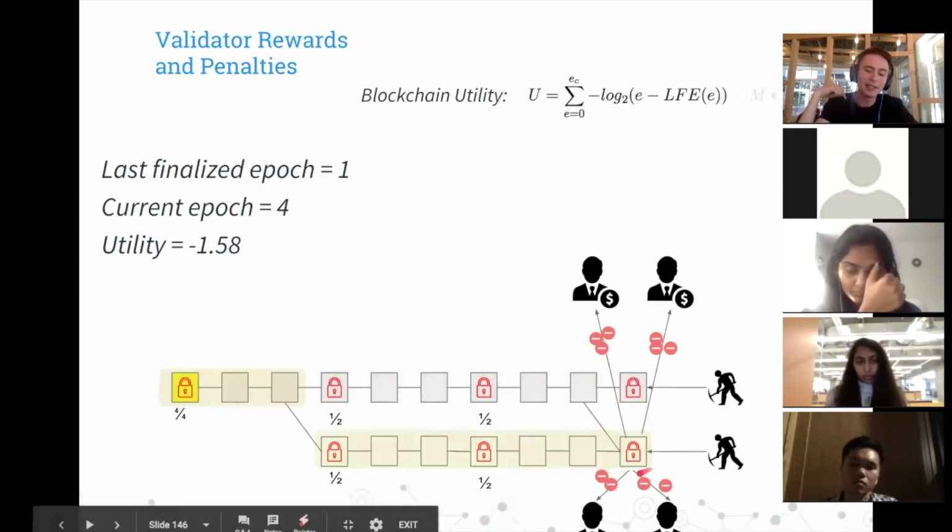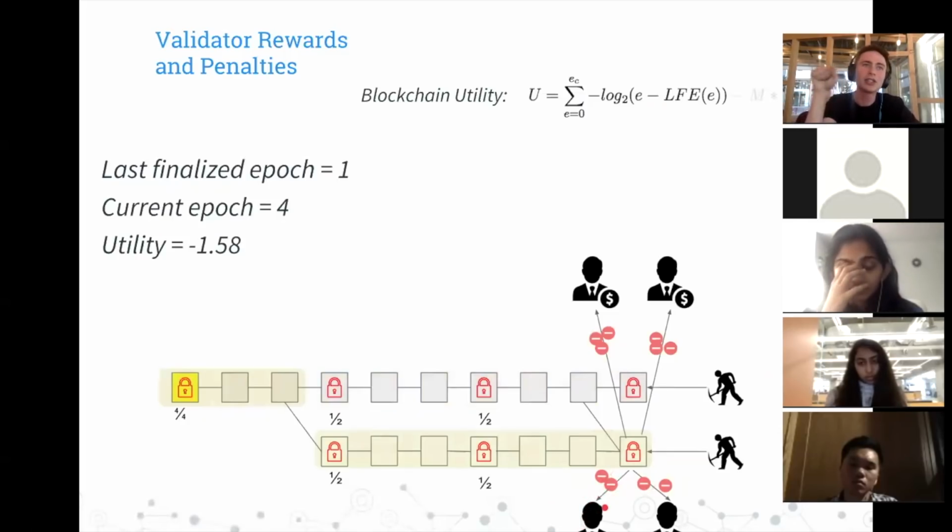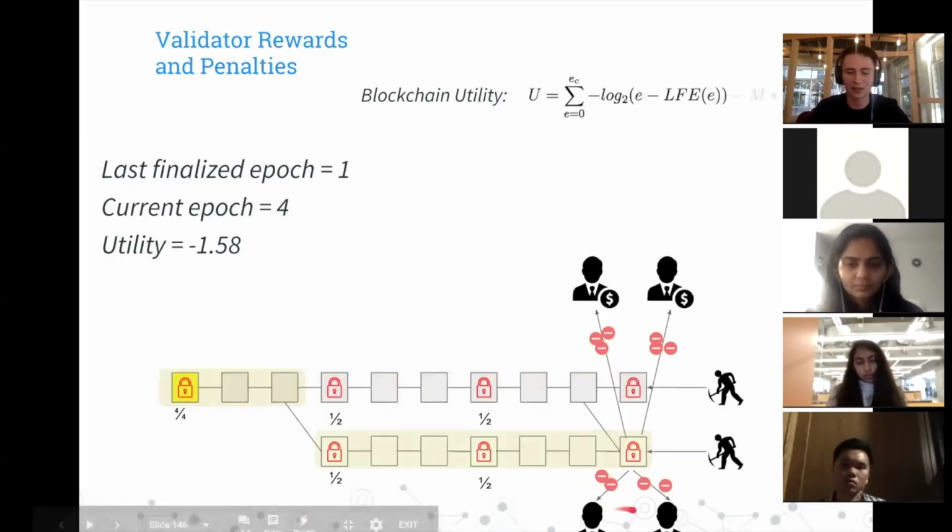Then what will happen is, because these rewards are asymmetrical and favor the online validators, we will actually get to a point where both of those forks become finalized. And so there can be this long dispute period, and then eventually conflicting checkpoints will be finalized without any slashing triggered, just by the very nature that these penalties have gone on for so long.